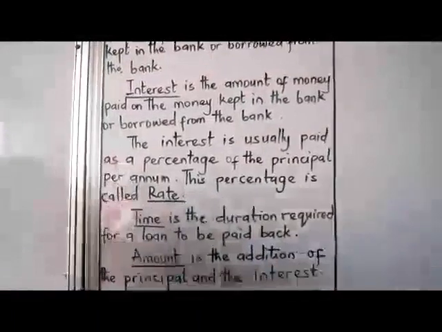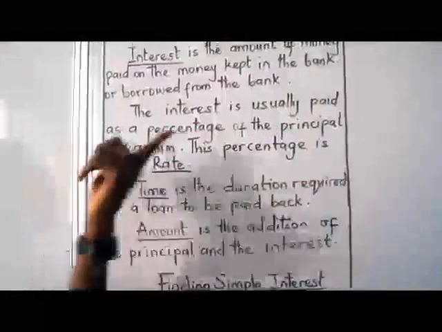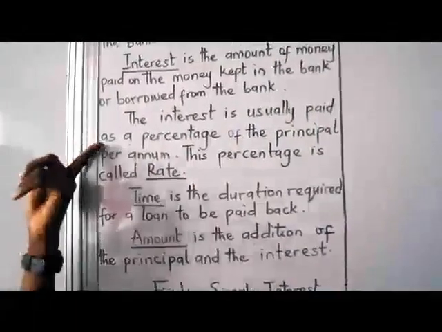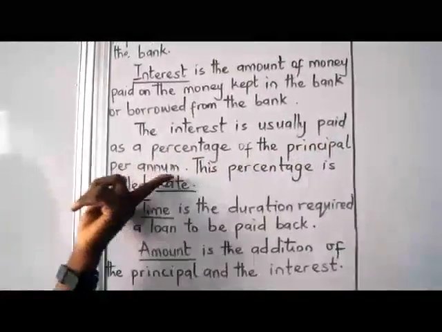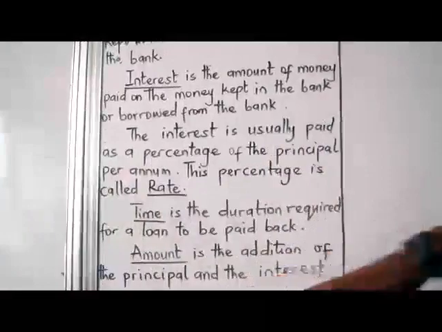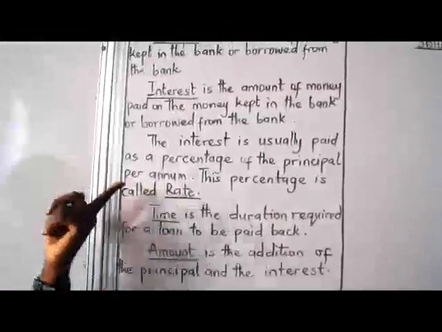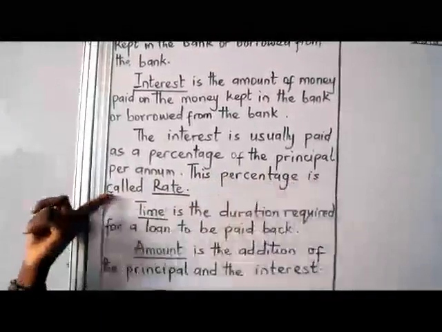Now, the interest is usually paid as a percentage of the principal per annum. The interest is usually calculated according to a particular percentage of the principal. Are we getting it? So this percentage is called rate.